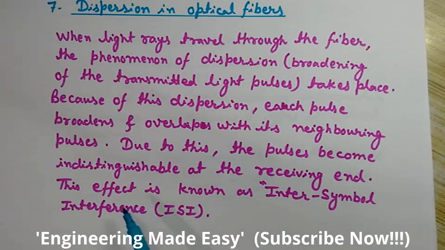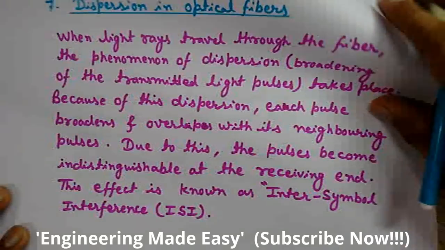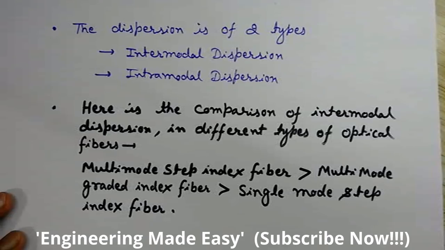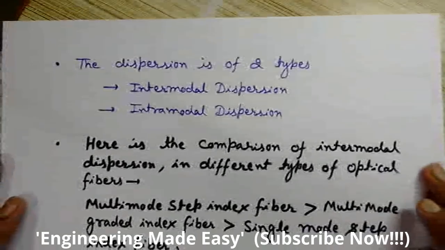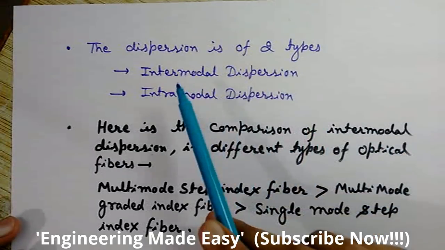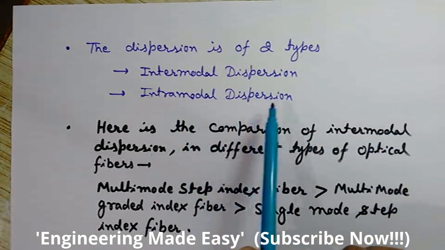This effect is known as intersymbol interference, ISI. We call this overlapping due to broadening of pulses intersymbol interference. So this is the dispersion which is found. Now, a few points about dispersion: dispersion is of two types actually, intermodal dispersion and intramodal dispersion.